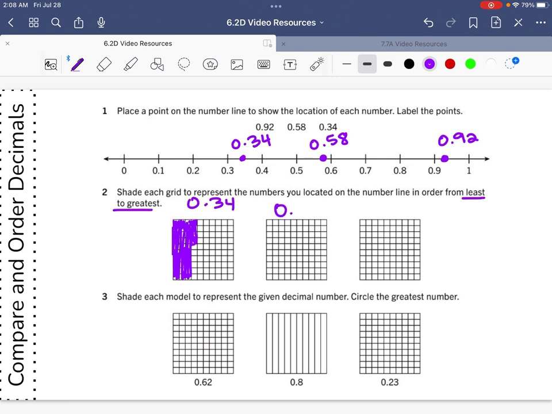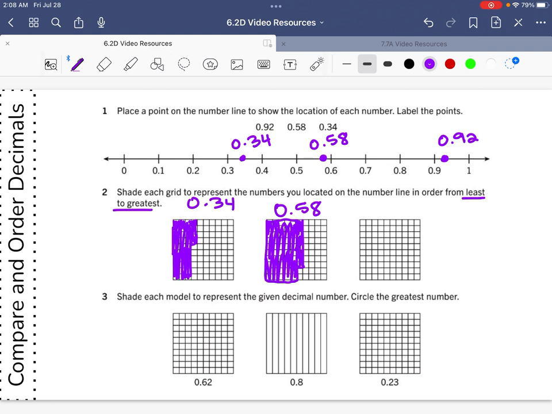The next number is 58 hundredths. And again, I'm going to shade 5 rods and 8 units.